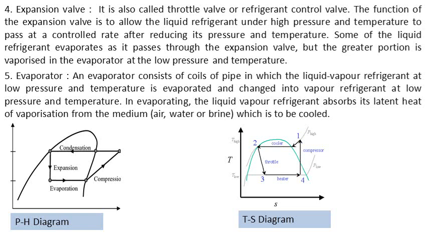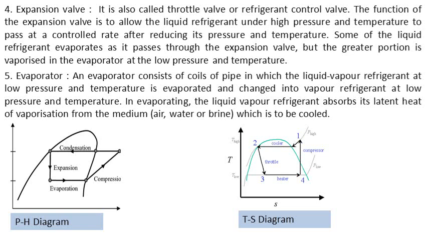That means 1 to 2 is the compression process which is called isentropic compression. Now what is isentropic compression? Isentropic compression is the process in which before compression and after compression the entropy of the refrigerant remains the same. That means before and after compression the entropy remains same.